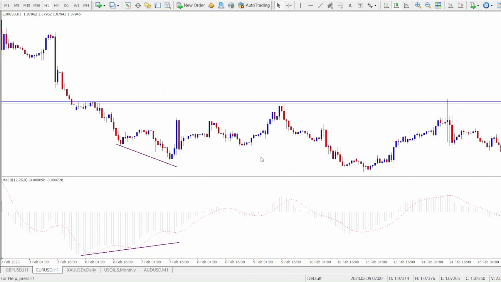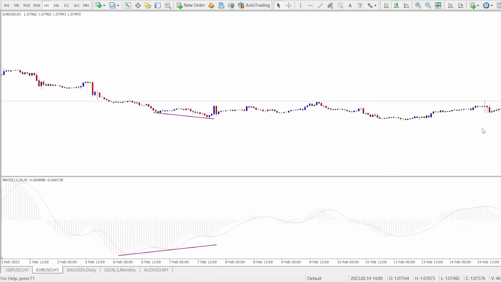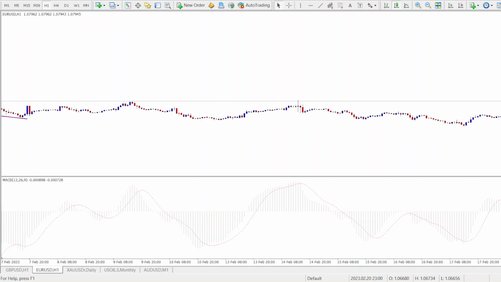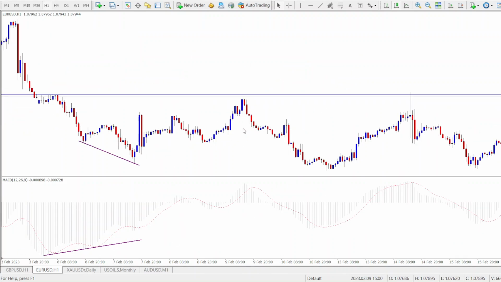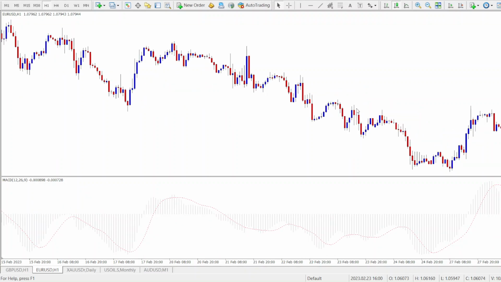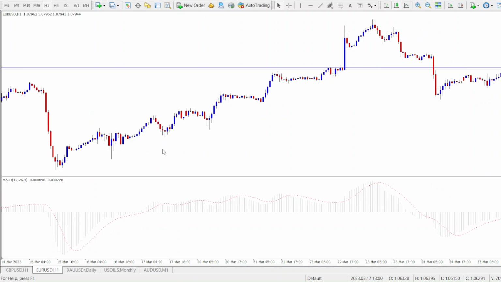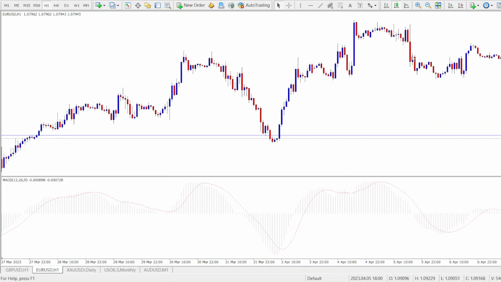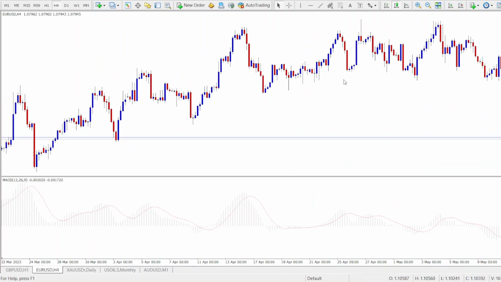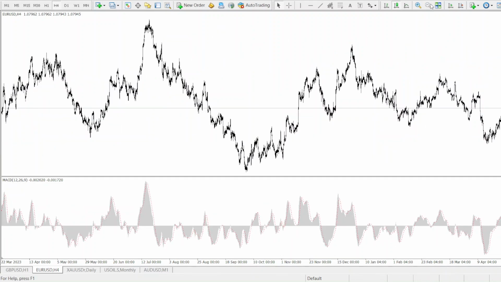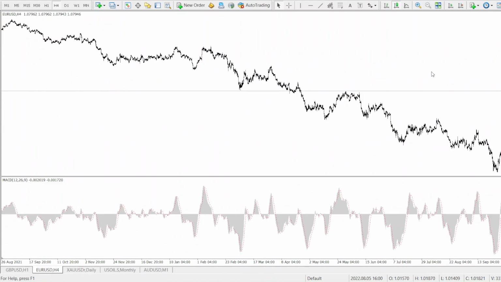Let us fast forward a little bit. We would see that the price kept on consolidating after the divergence had formed. You can see it kept on consolidating, and then after a while, it seems like it began to rise. Let's zoom in a bit and see what really happened.